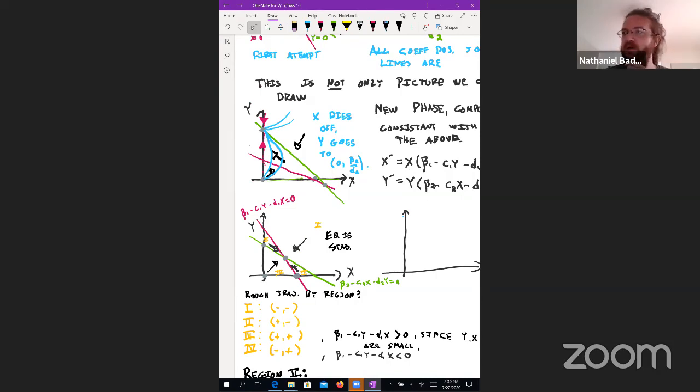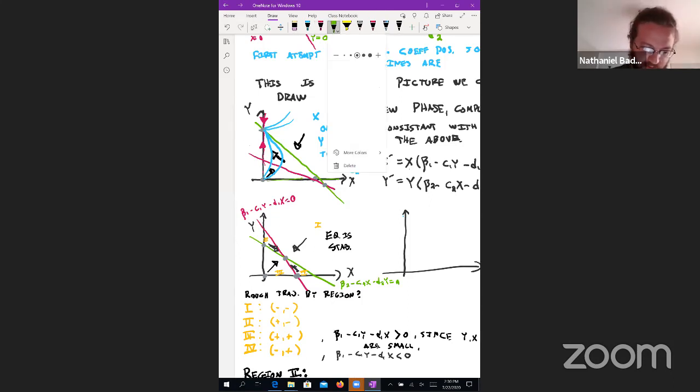I can draw a picture that is similar to this, but the other way, right? So what happens if we switch the color of these 2 lines? Right? This is a perfectly legitimate thing that we could do. What happens if we go like this?